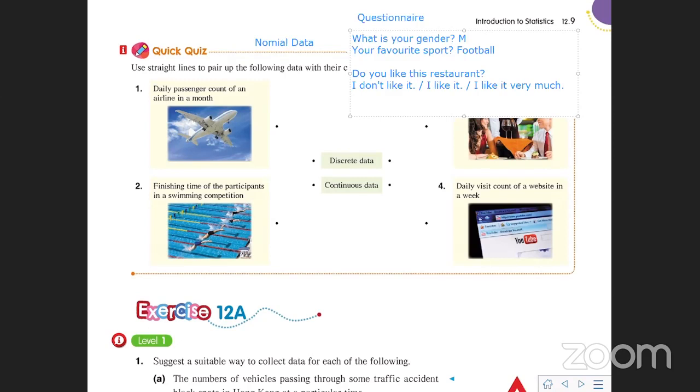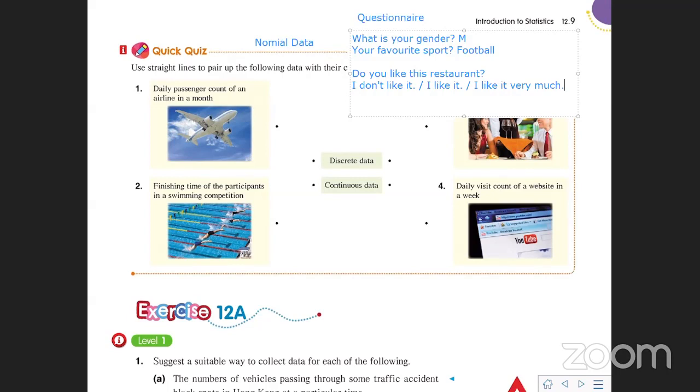Of course, sometimes people will make it like a number, but if your answer looks this way, we cannot say whether it is continuous or discrete.